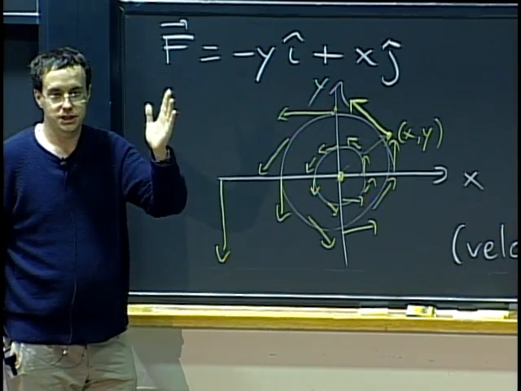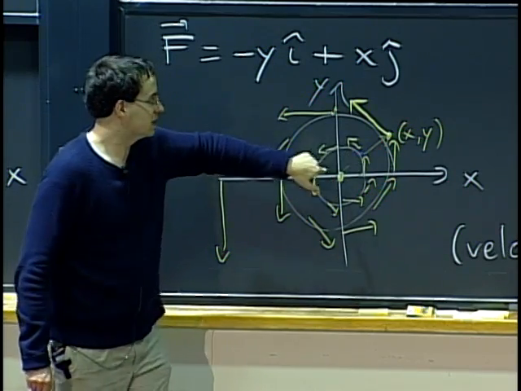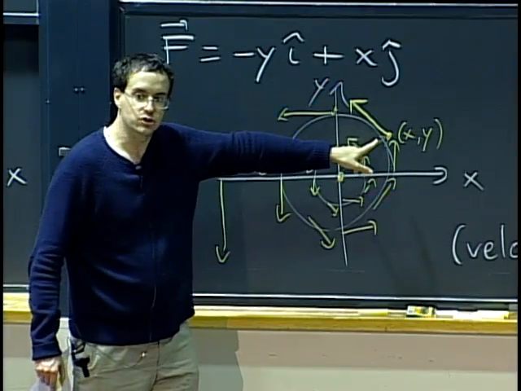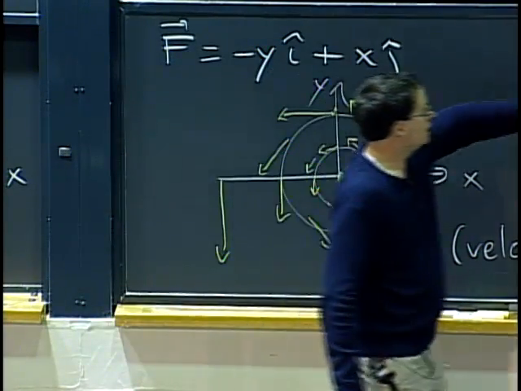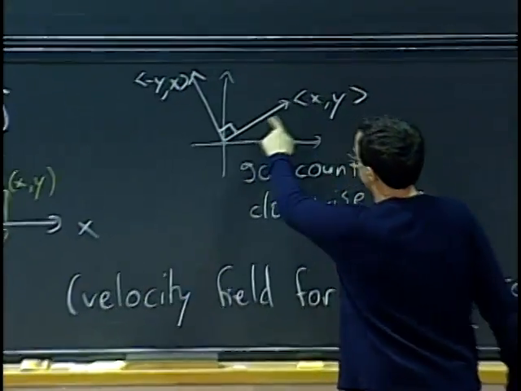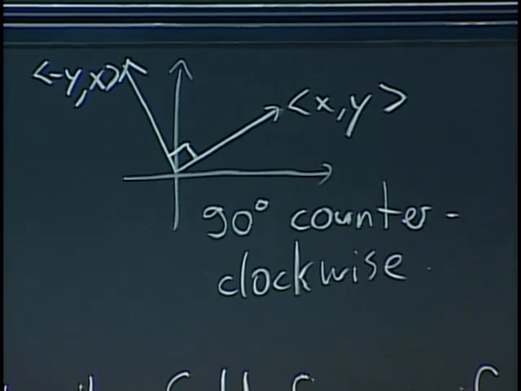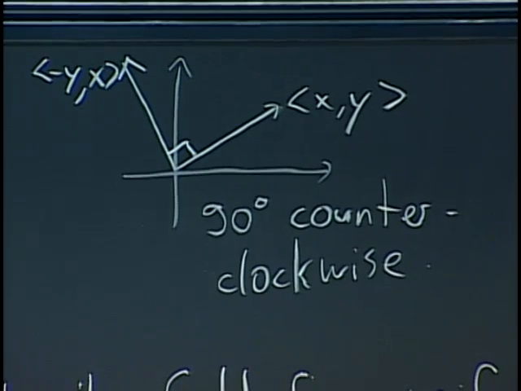So if the angle varies at rate 1, then I travel at speed equal to the radius, and that's what I do here. The length of this vector is equal to the distance from the origin. It's not obvious on the picture, but really the vector that I put here is the same as this vector rotated, so it has the same length. So that's why the angular velocity is 1. It doesn't really matter much anyway.